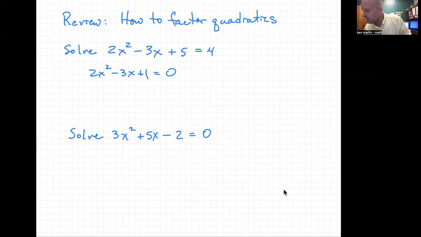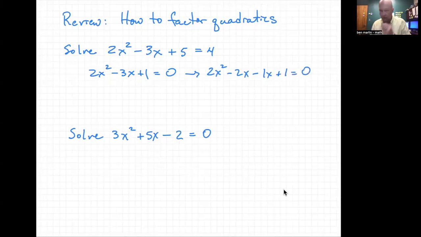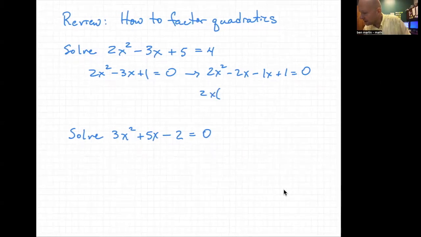So then I'm rewriting this as 2x squared minus 2x and minus 1x plus 1 equals 0. Okay? You can see that on the first one, I can factor out a 2x, and I'm left with an x minus 1. On the second one, I can factor out a minus 1.